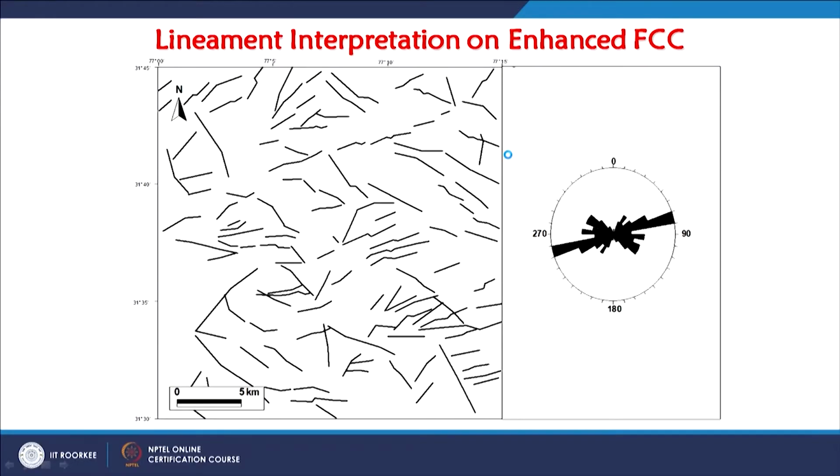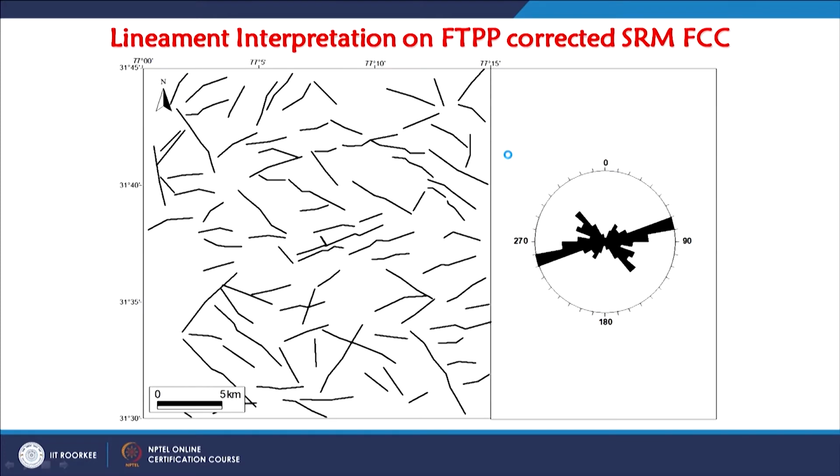This is the exercise which I got done through students, and it is very interesting. I gave this image to students when it was suffering from FTPP, and they did the interpretation of lineaments, and then I got rid of FTPP and asked them to do interpretations again.